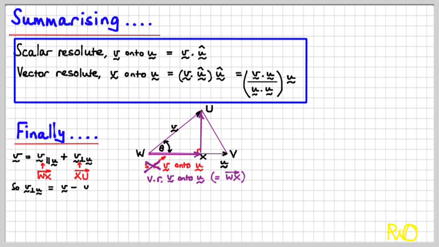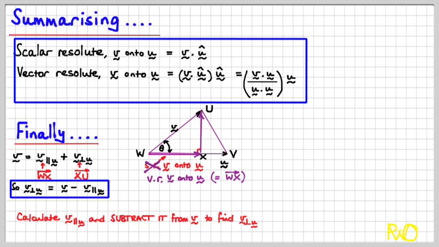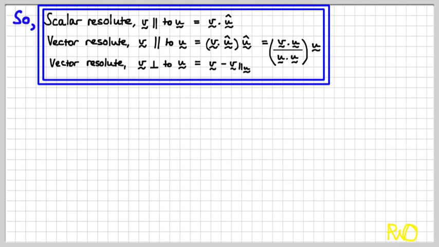So the resolute of v perpendicular to u is equal to v minus the resolute of v which is parallel to u. Put a box around it and Bob's your uncle. I'm just emphasising down there, you calculate v parallel to u, you subtract it from v to find v perpendicular to u. Okay, here comes the super duper mega summary.